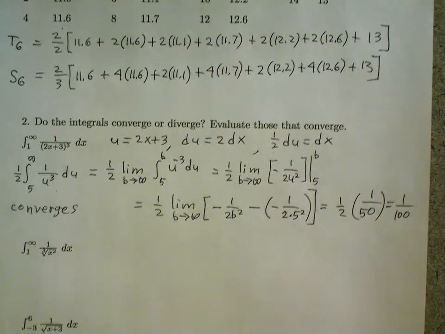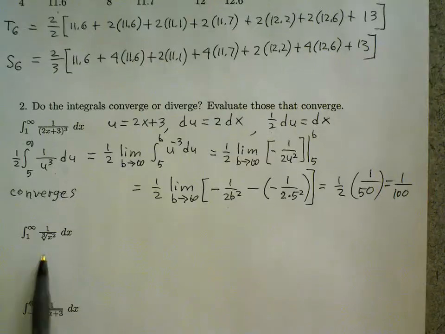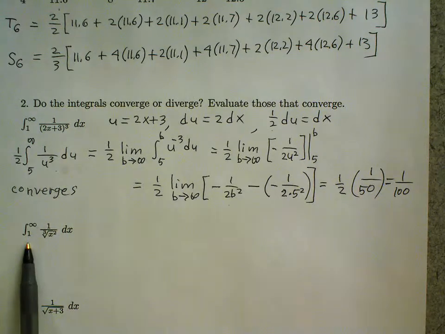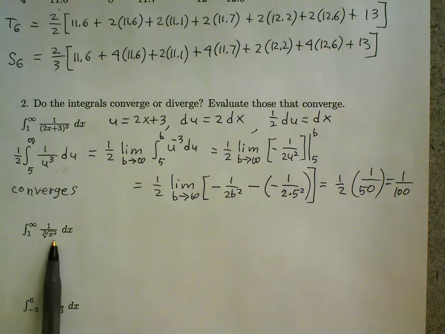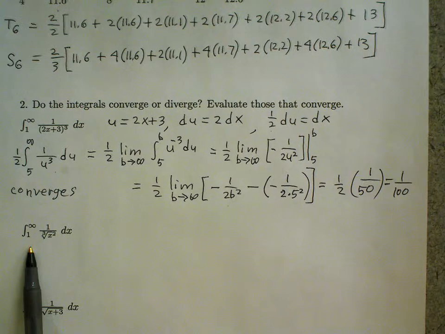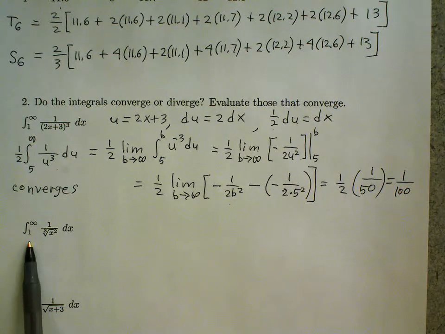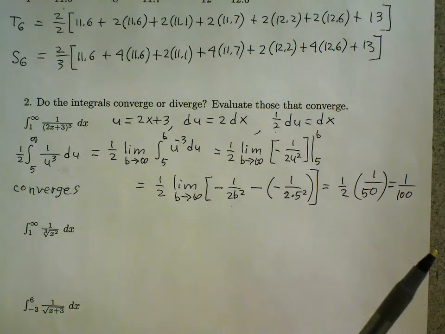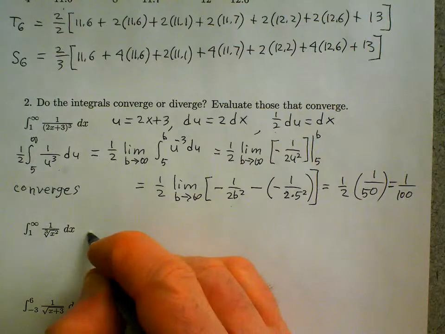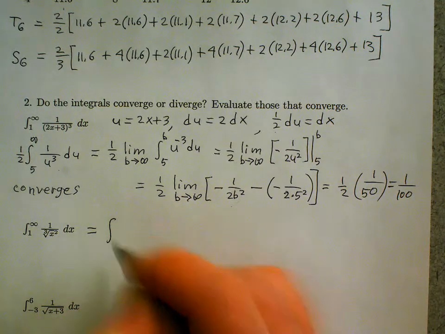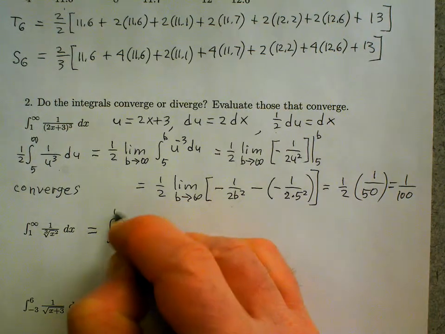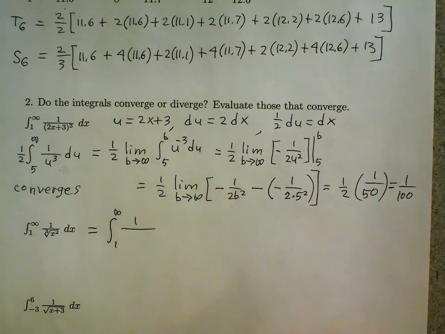Okay, the next one, the improper integral of 1 over the cube root of x squared as x ranges from 1 to infinity. Let's rewrite this. Let's convert the cube root of x squared to exponential form.